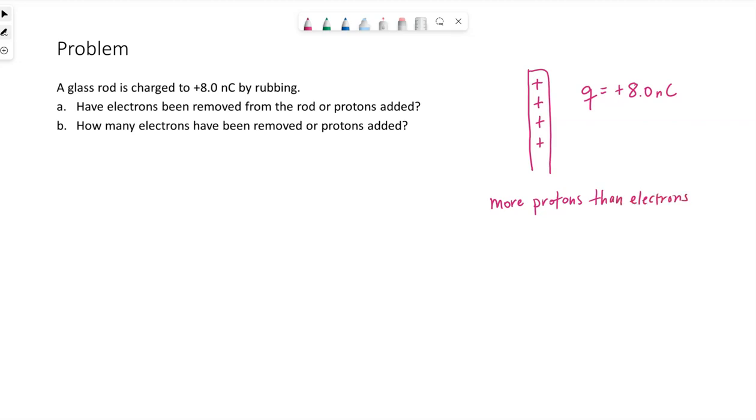It doesn't mean there are not electrons. We're neglecting to draw all the little atoms in here that have both protons and electrons. We're only drawing the specific excess. So we are only drawing the excess charges.